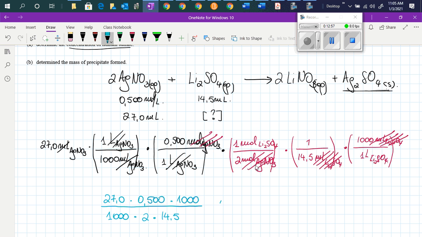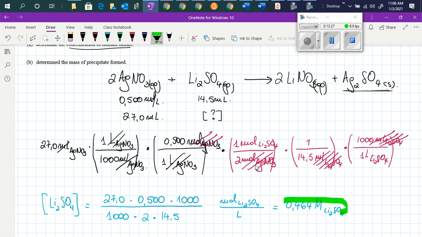And the units are moles of lithium sulfate over liters, which is the concentration of lithium sulfate. And when you enter this in your calculator, you should have a number that is 0.464 molarity of lithium sulfate. And this is taking into consideration the number of significant digits.